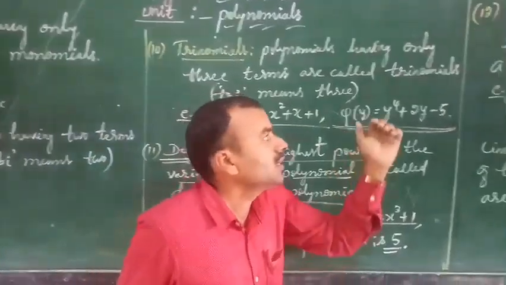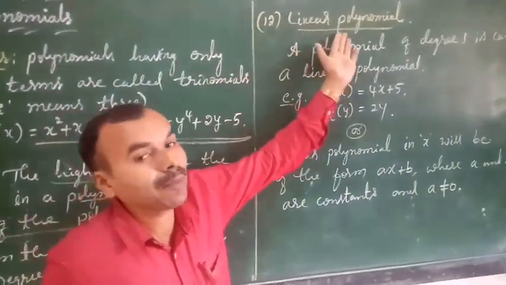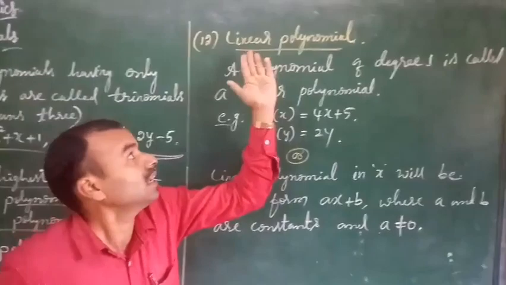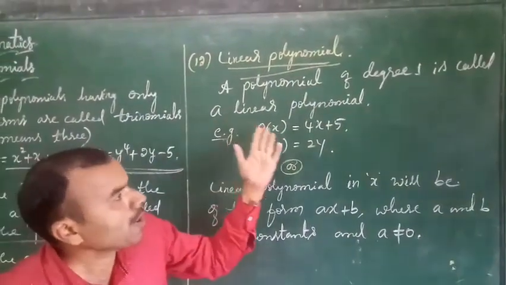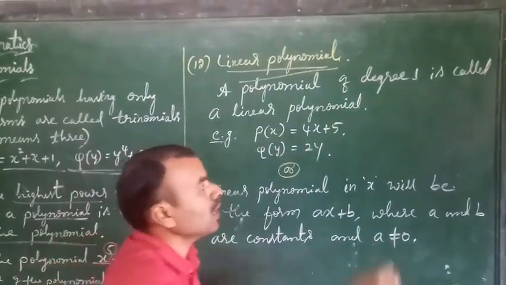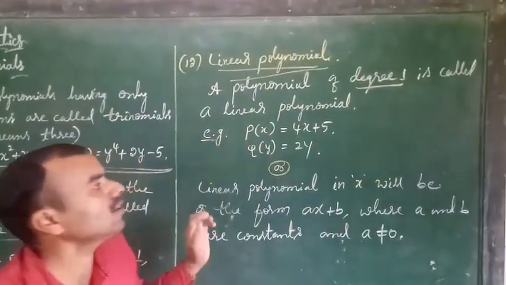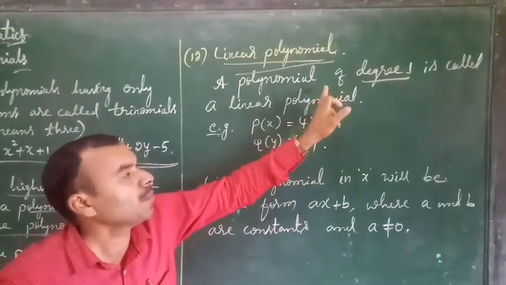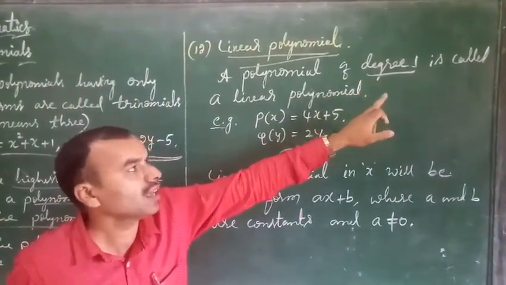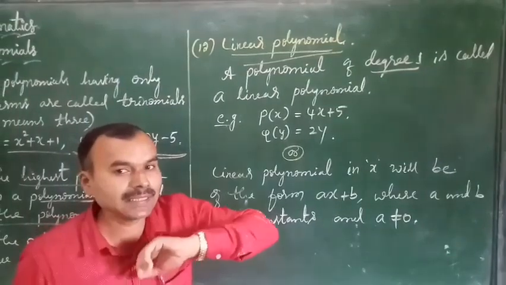Next, we shall take linear polynomial. What is a linear polynomial? A polynomial of degree 1 is called a linear polynomial. It is important. You already know what is degree.